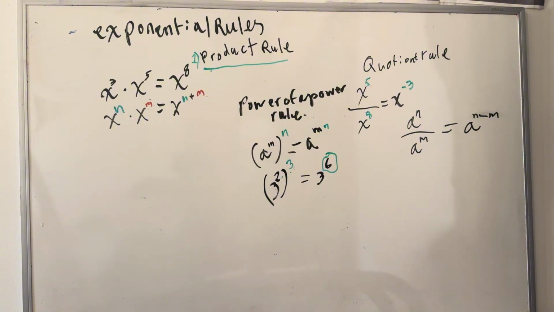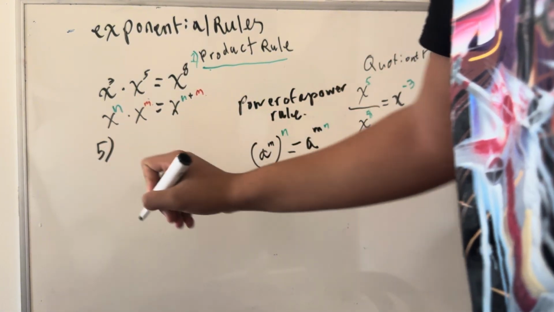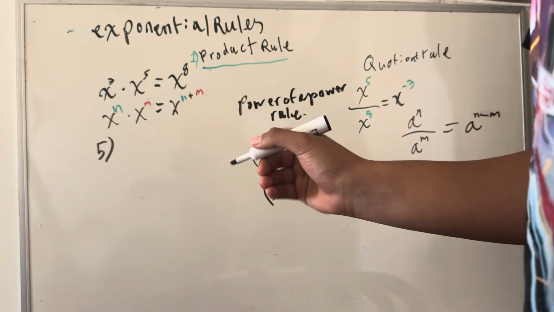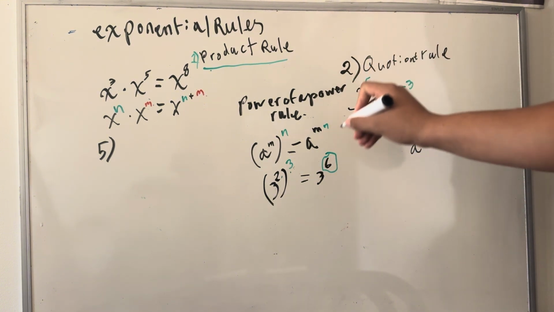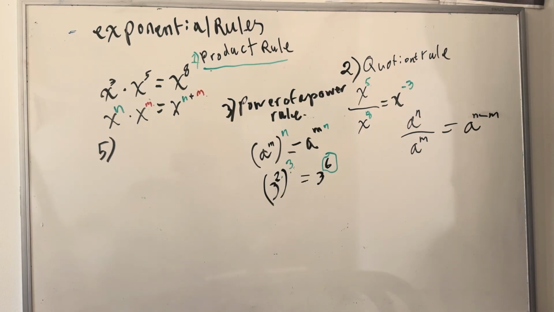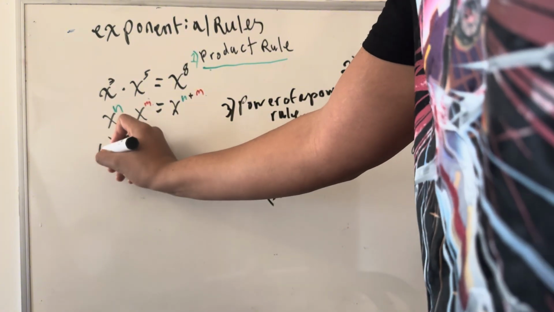The next rule is called the power of a quotient. Now, what it essentially means is, this is one of the rules where you can just spread the exponents to make solving easier. I haven't been numbering these. Hold on. 2, 3. Where's the 4th? Never mind, I skipped it. Here.